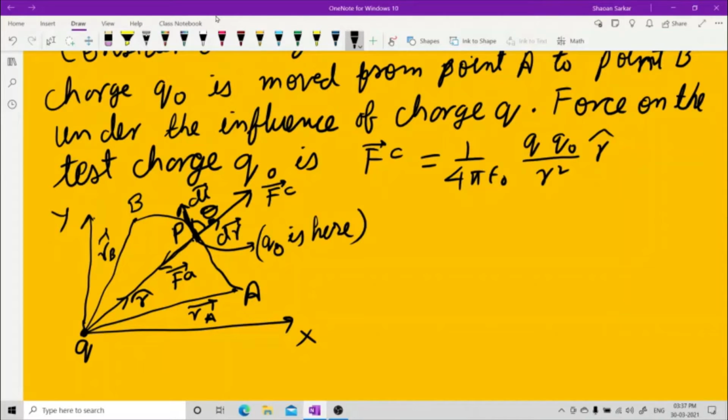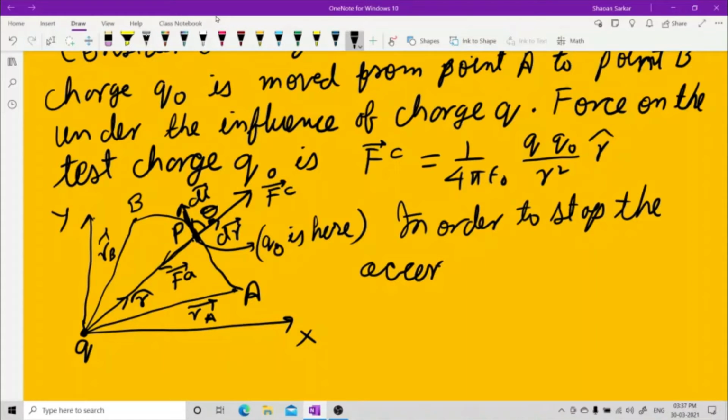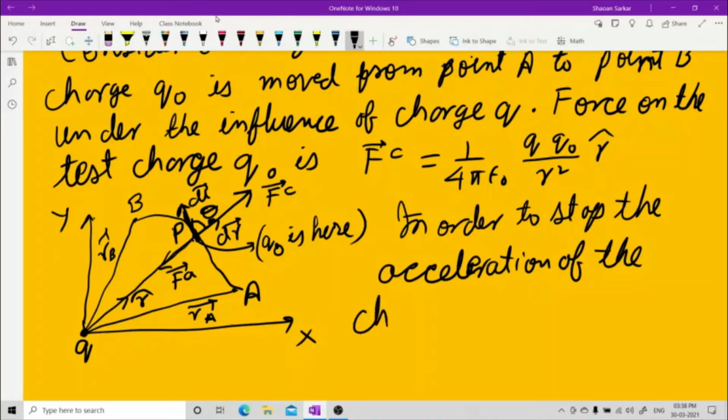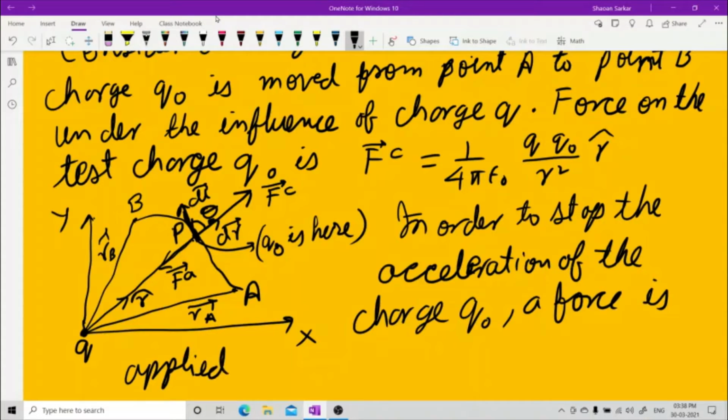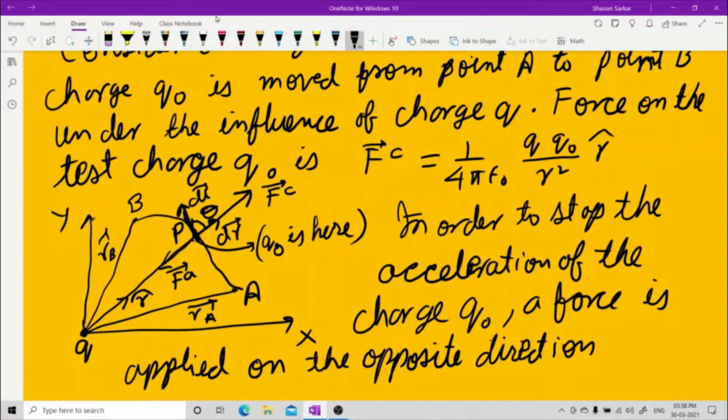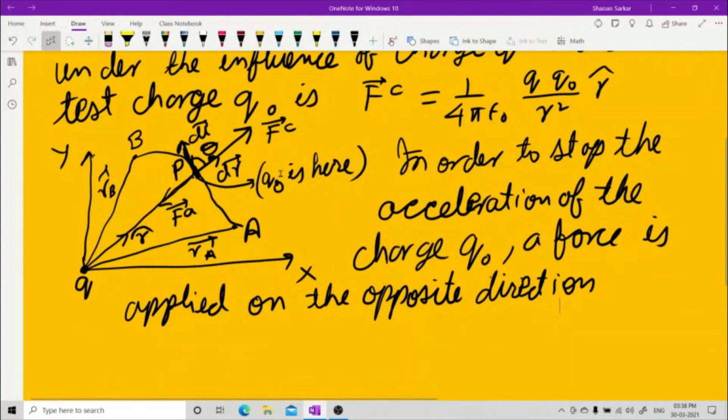In order to stop the acceleration of the charge Q naught, a force is applied in the opposite direction, given by FA, the applied force.